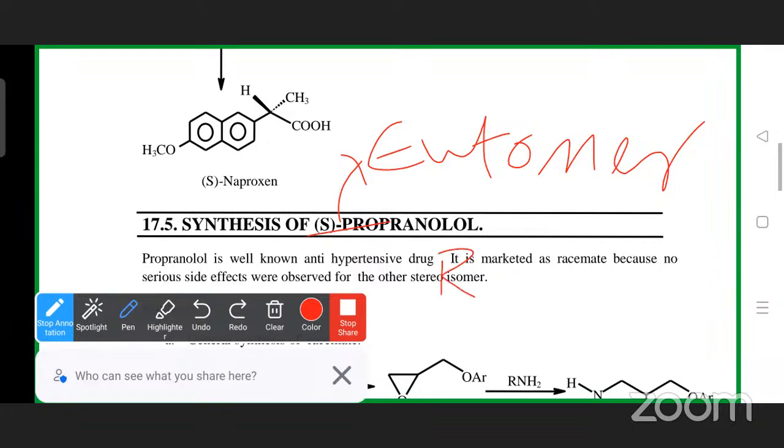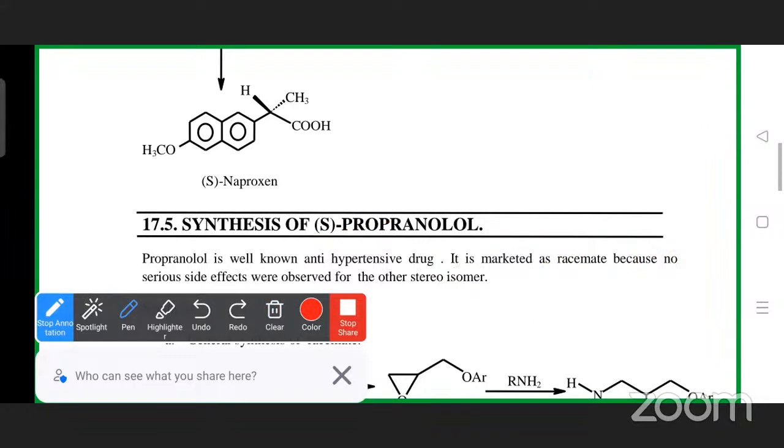So the R isomer is a distomer, right? So here the S isomer is the active compound, and the R is the inactive compound, and it does not have any side effects here. And the separation of these two isomers is very difficult.